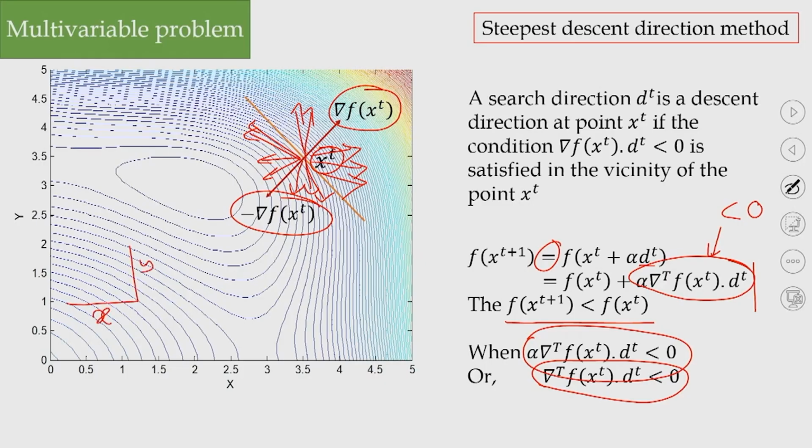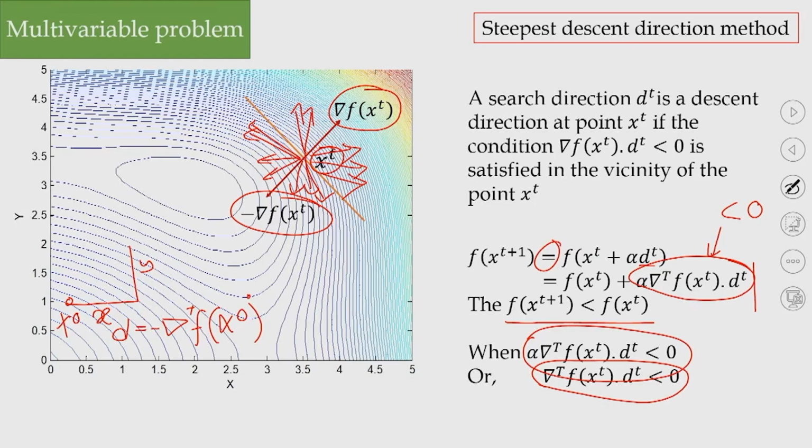But in this case, what will we do? Suppose this is your starting point, this is your x naught, and now what will you do? You will calculate the derivative at x naught. So, you will calculate that, and now d will be the negative of this gradient.